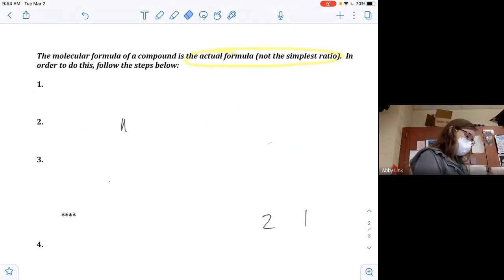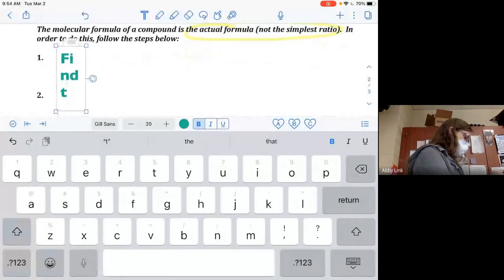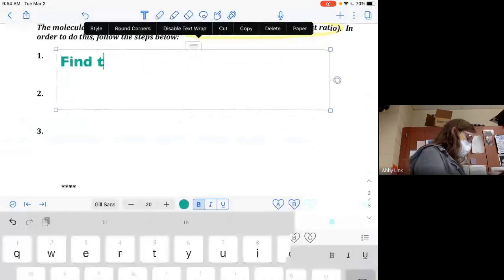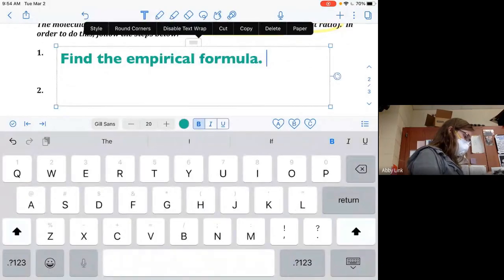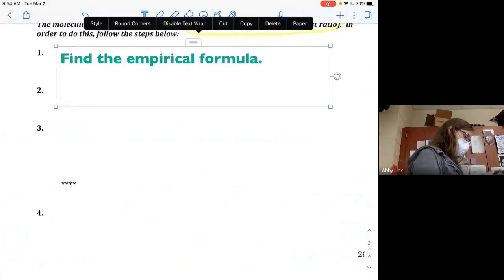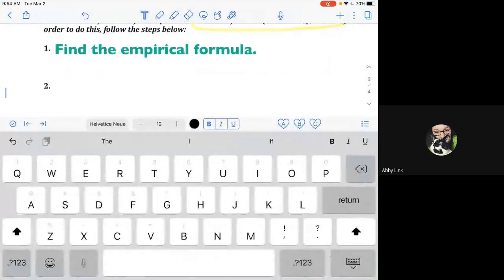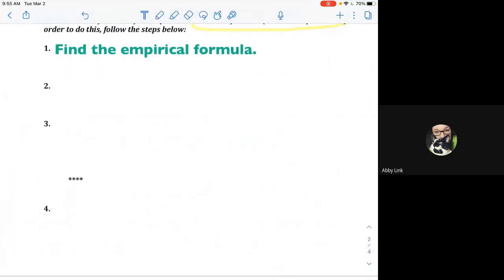All right, so step number 1 for finding your molecular formulas is to find the empirical formula. You just learned that. Nothing too crazy yet, right?